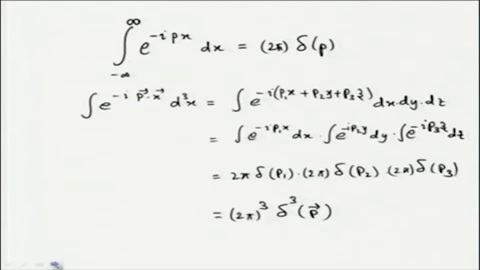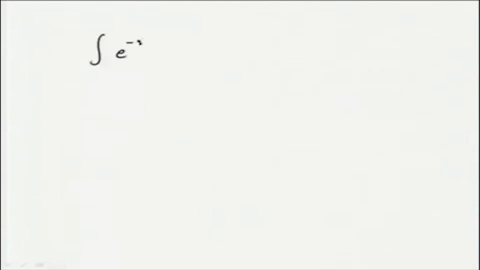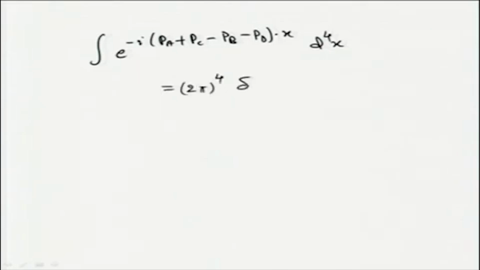So, that is essentially a delta function, where now x is the 4 vector x0, x1, x2, x3, or x0, x, y, z, all of this together. So, we have (2 pi)^4 delta^4 of (p_A + p_C - p_B - p_D).